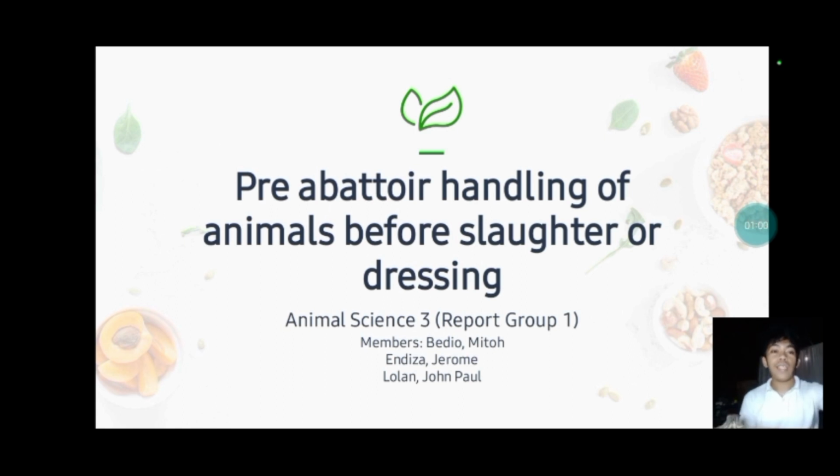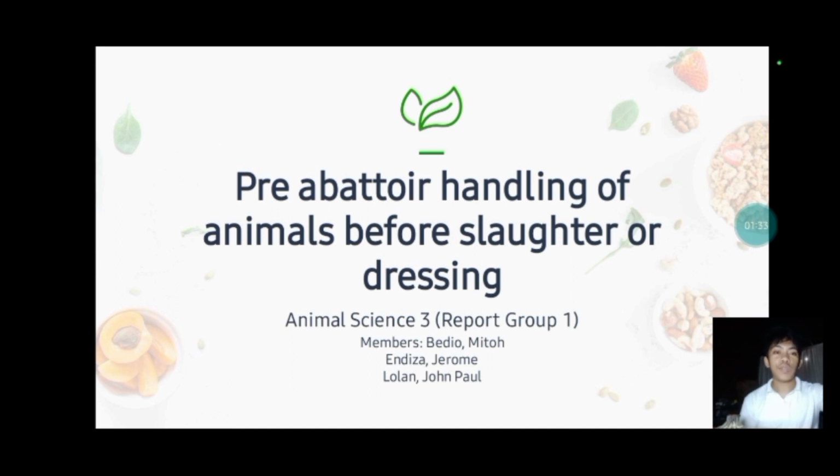So basically, pre-abattoir is a series of steps or procedures on how animals, precisely meat animals, are managed before they go through the process of slaughter. Pre-abattoir includes several steps or procedures, and each procedure has a guideline on how it should be conducted to ensure good quality of service and byproduct during slaughter.